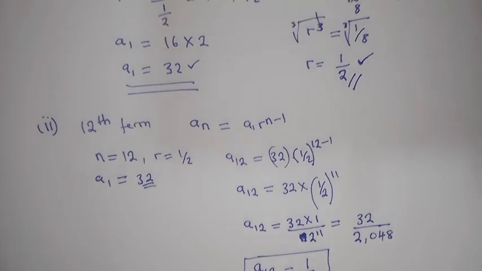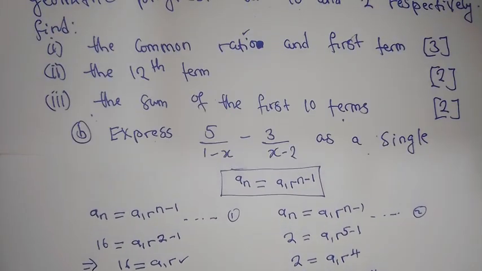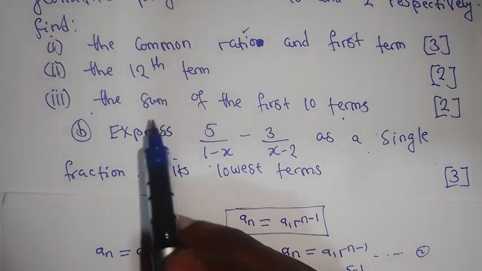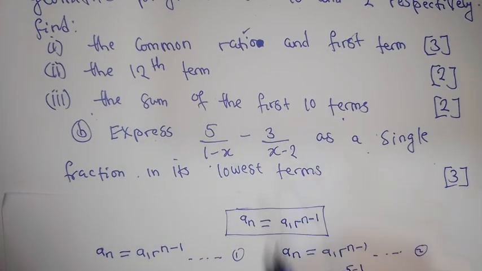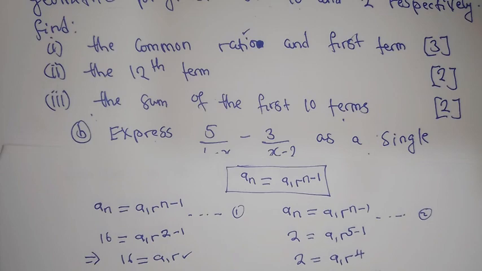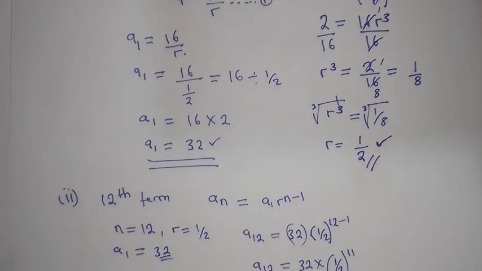So what question comes next now? The third question is saying the sum of the first 10 terms. You must be very careful because there is a formula that you need to use whenever you're finding the sum.